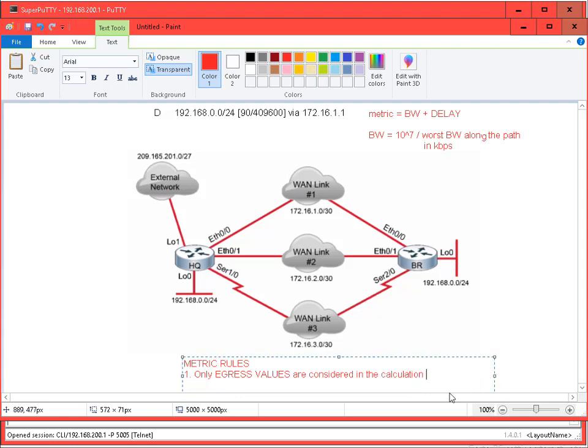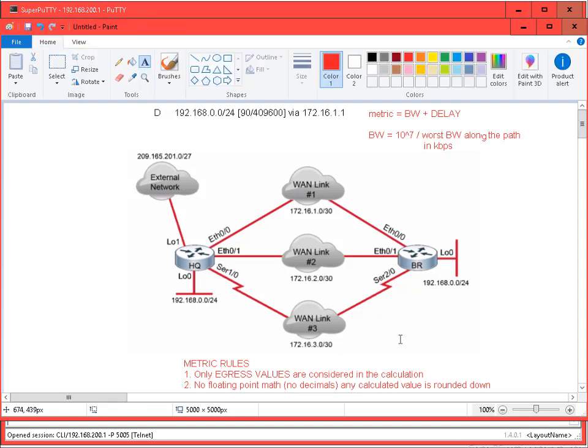Only the egress values are considered, meaning the exit interfaces. Whatever values exist on the ingress interfaces don't have any bearing on the metric in that direction. Number two, there is no floating point math, meaning no decimals. Any calculated value is rounded down to the whole number.